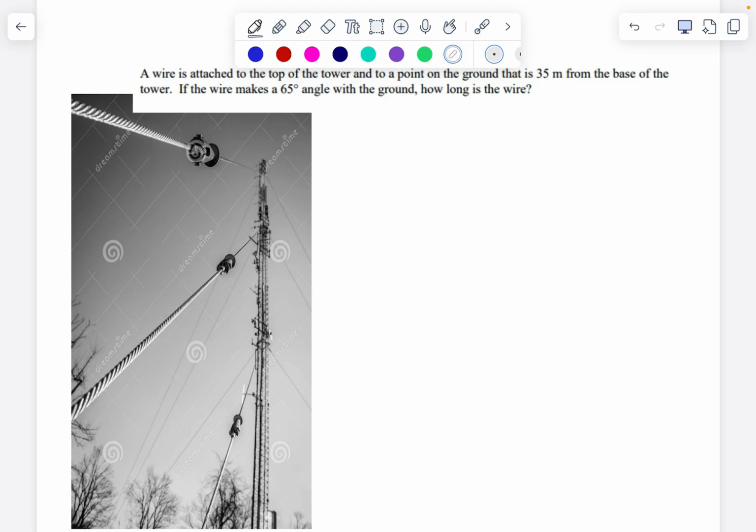So again, angle or side length. This is side length. Is it right triangle or not? Etc. Just think through that algorithm.